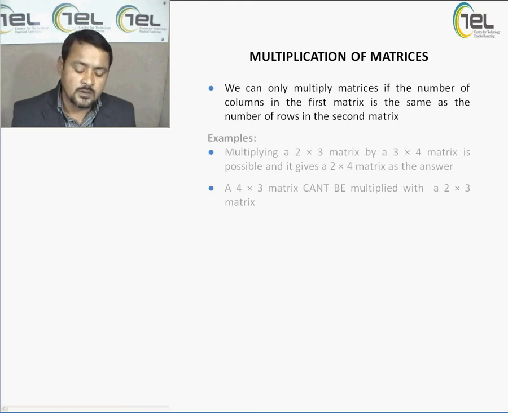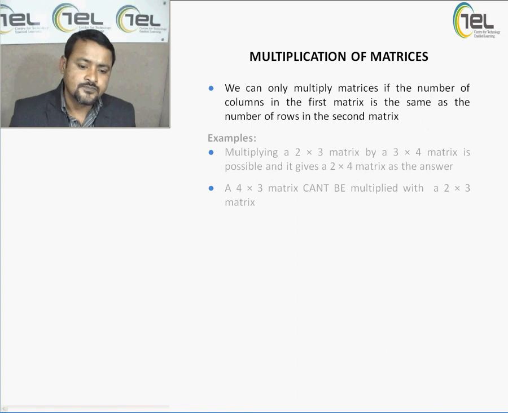We know the order of a matrix is m into n. If a matrix has 3 rows and 2 columns, it can be multiplied with a 2 into 3 matrix, which has 2 rows and 3 columns. So the number of columns in the first matrix should be exactly equal to the number of rows in the second matrix. That is when matrix multiplication is possible.